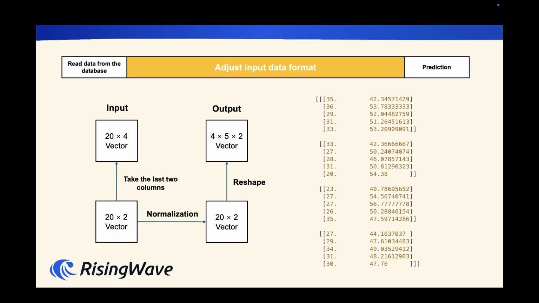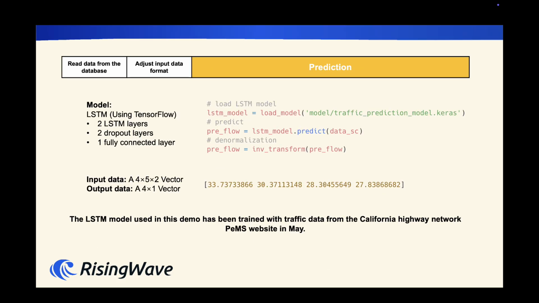Specifically, it looks at the traffic patterns from the last 5 minutes to predict the next minute. So we'll do a quick transformation to normalize the data and shape it correctly for the model's input. Once the data is in the right format, we feed it to the model and it gives us a prediction. The model we're using was built with TensorFlow and has already been trained on a large data set from California's highway network, so it's quite accurate right out of the box.